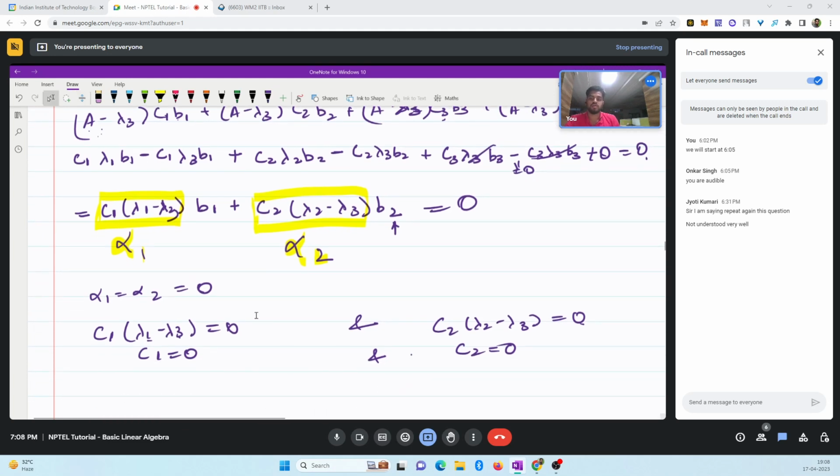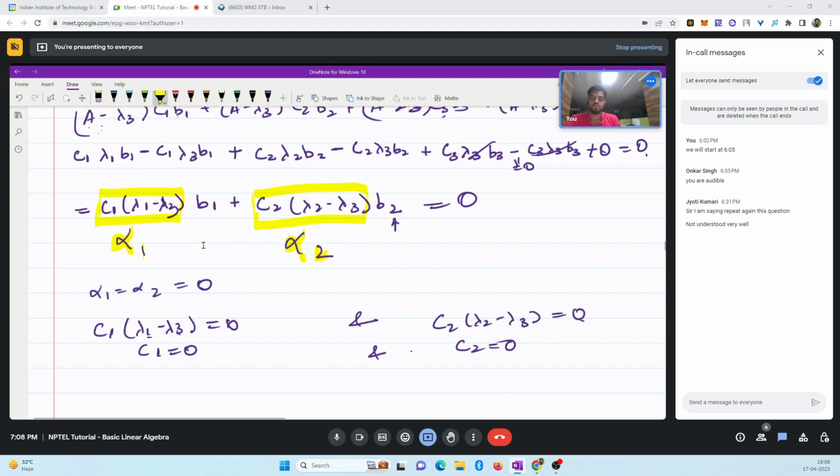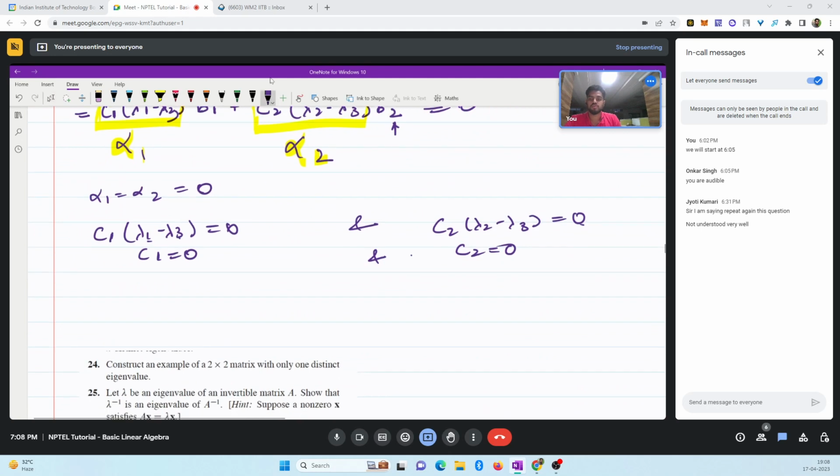Let's put it back into this particular equation. The first two terms become 0, so you have 0 plus 0 plus c3 b3 plus c4 b4 is equal to 0.